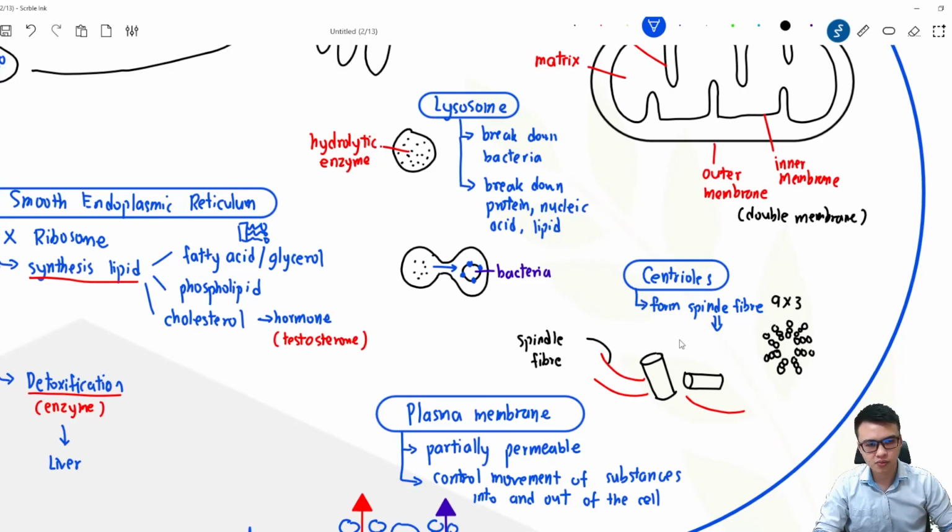For cell division. Cell division means one cell splits into two cells, then into 4 cells. This is called cell division, which we are going to learn in chapter 6. No worries guys, we will learn the spindle fibers again in chapter 6, mitosis and meiosis. Alright.